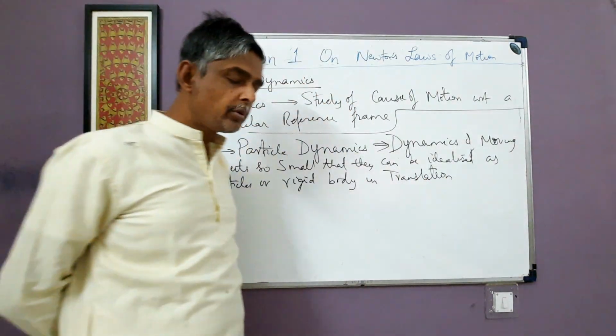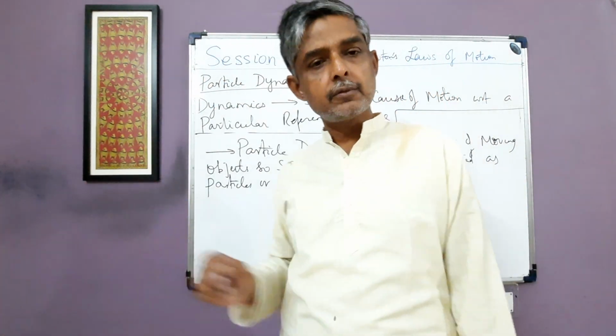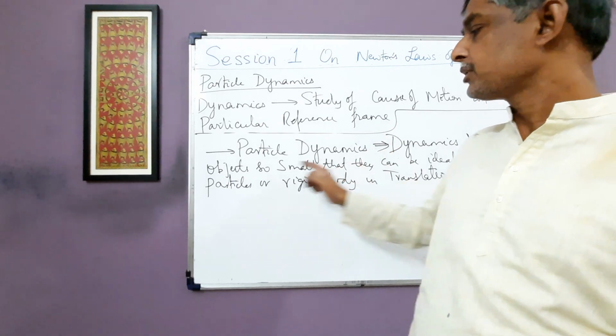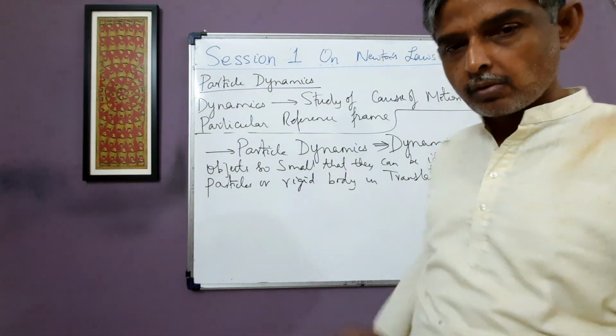This is the domain of particle dynamics. Okay, so two things we'll study in particle dynamics. First is dynamics of moving objects so small that they can be idealized as particles or rigid body in translation.